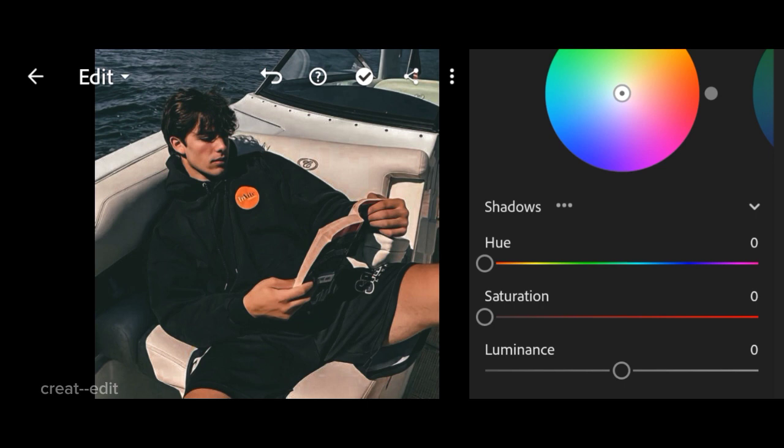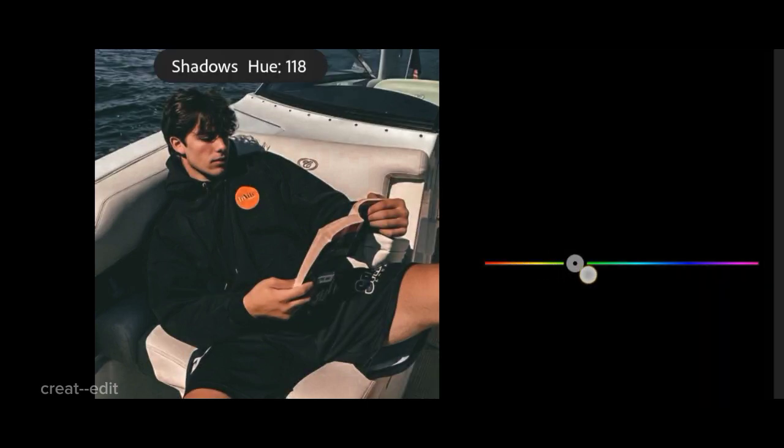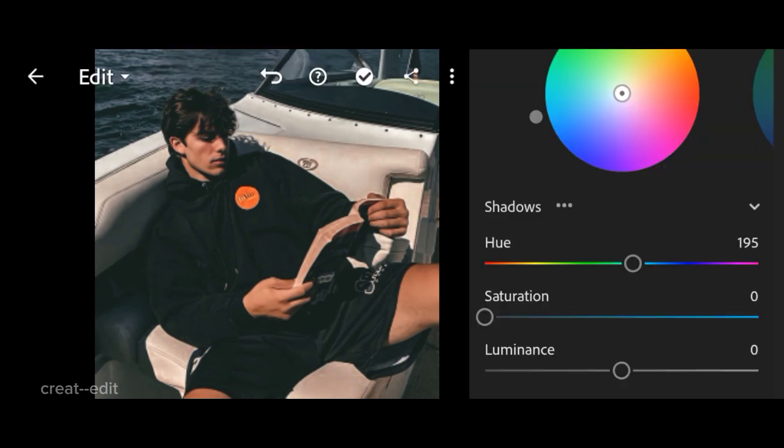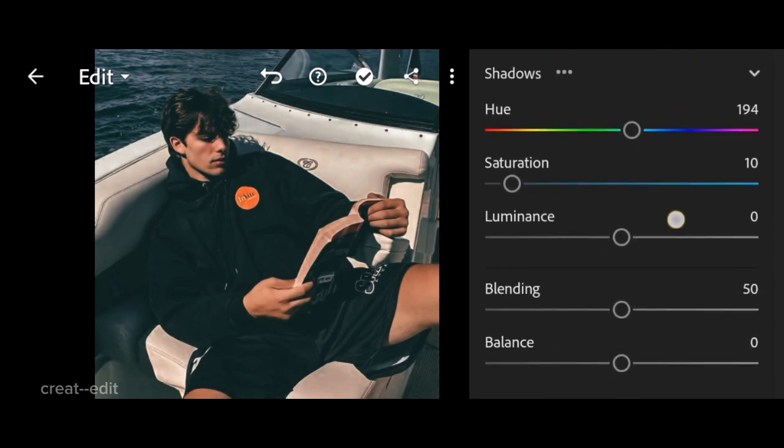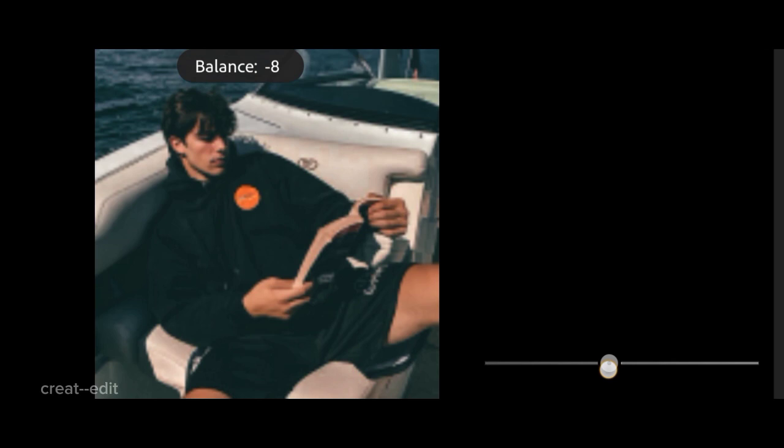Shadows hue 190 and saturation 10. And set balance minus 25.